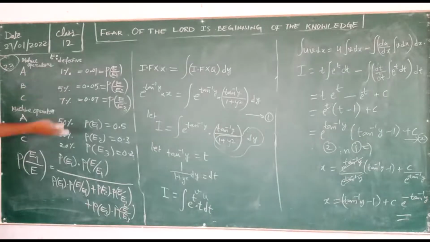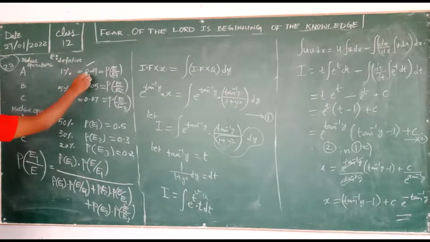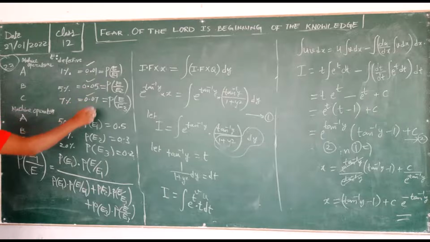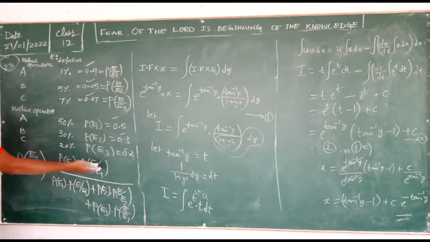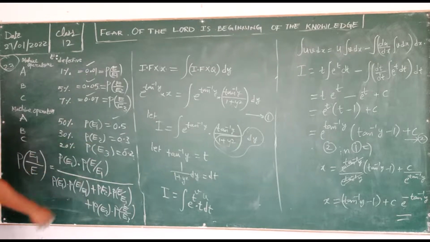Just substitute these values. All the values are with you only: 0.01, 0.05, 0.07, 0.5, 0.3, 0.2.